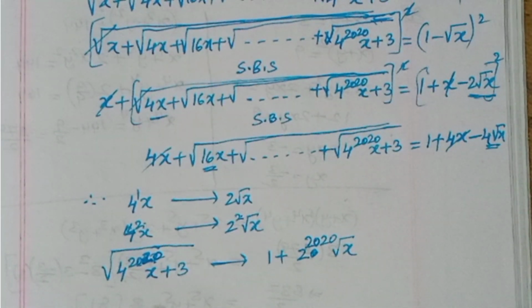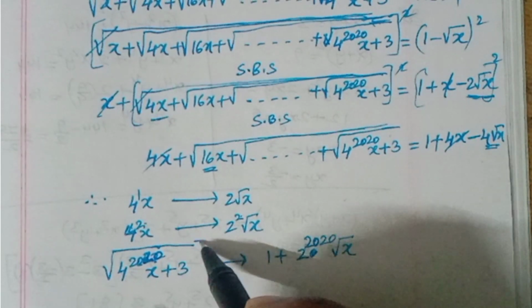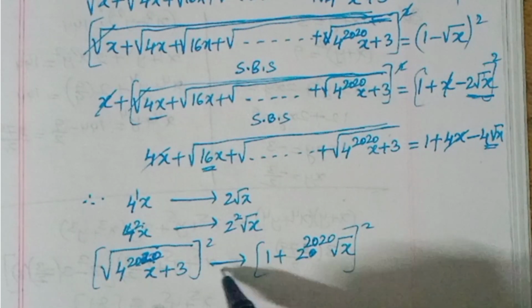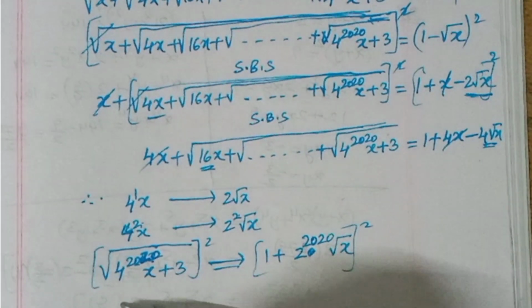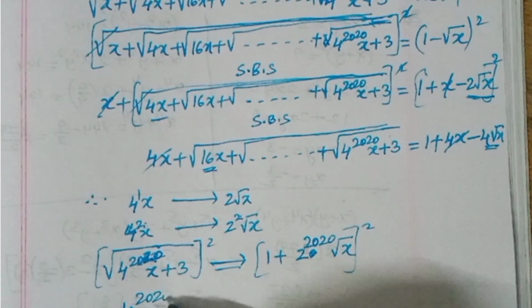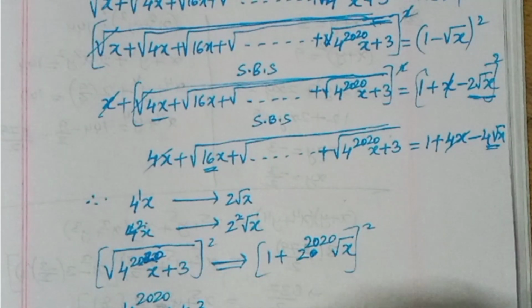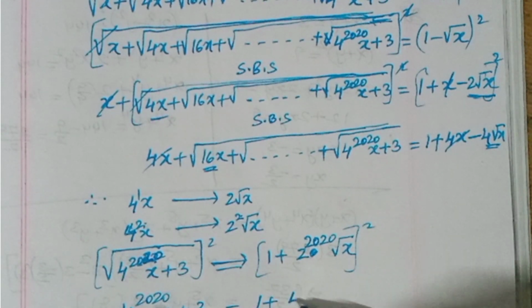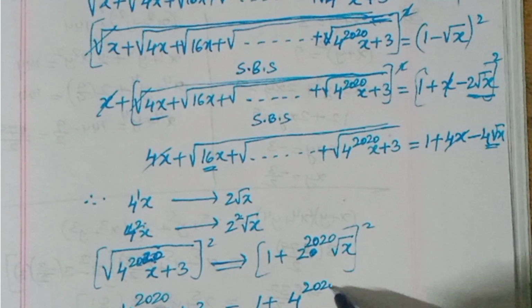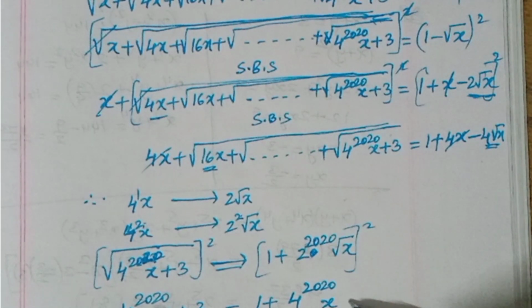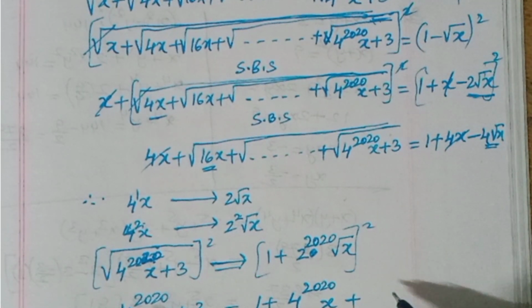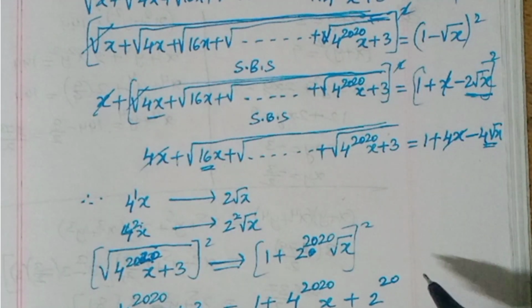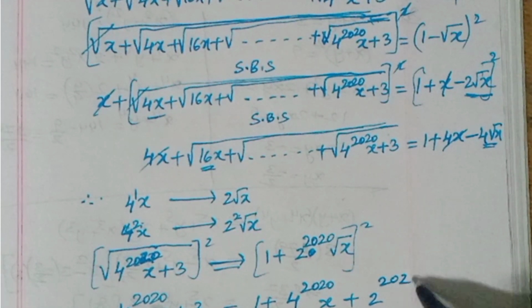So here, squaring on both sides. If you take the last term and square both sides, what will we get? 4 to the power of 2020 x plus 3 is equal to 1 plus 4 to the power of 2020 x plus 2 to the power of 2021 root x.